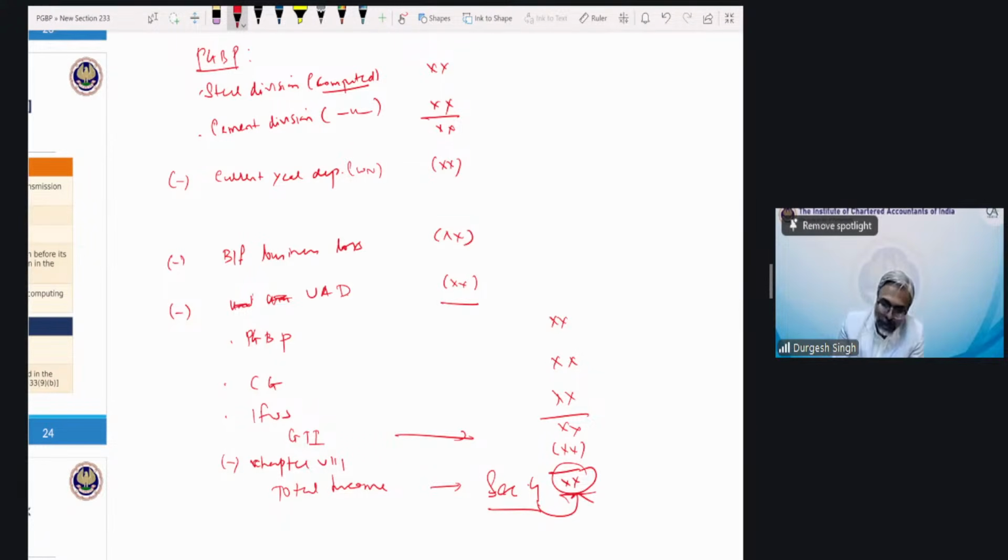And finally, the total income which you compute, that is what is charged to the SSE. Total income of a person for the tax year. They don't say total income of PGBP. They say total income of person. So source-wise, inner column; outer column, it is the SSE that comes.